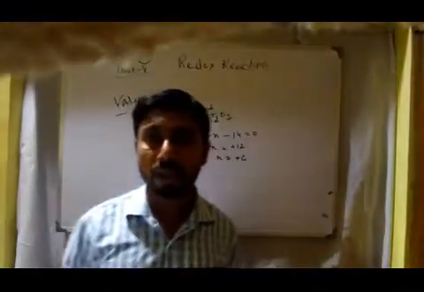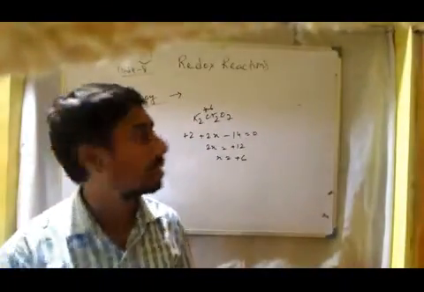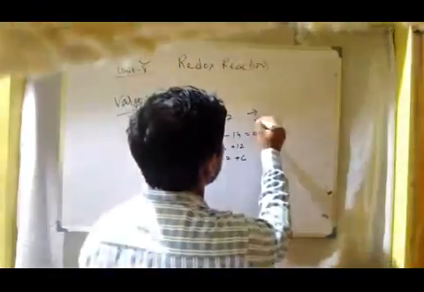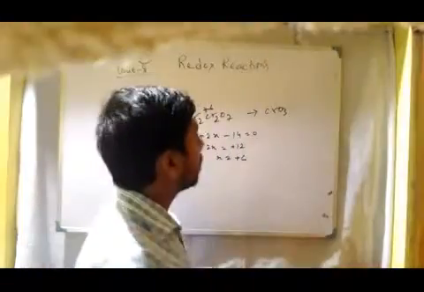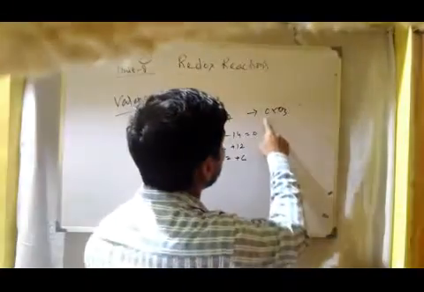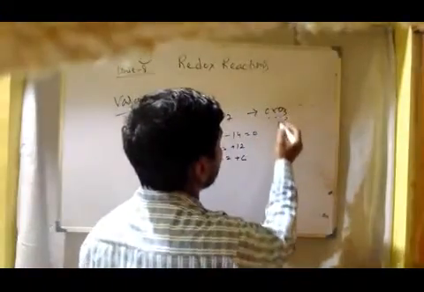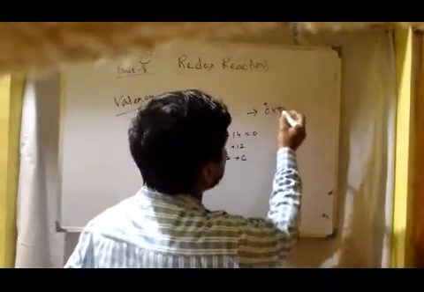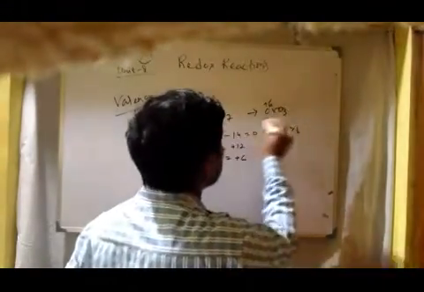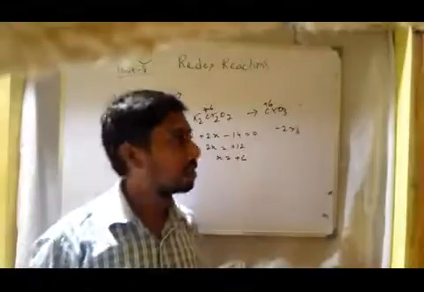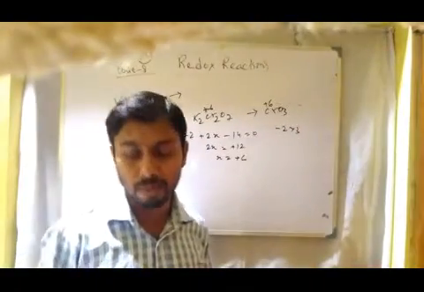Now what is the importance of this? Suppose in a reaction K2Cr2O7 goes to CrO3, we are able to calculate the oxidation state of chromium here. Here chromium is in the +6 oxidation state, because of -2 into 3. So there is no change in the oxidation state. Let us find one more example.